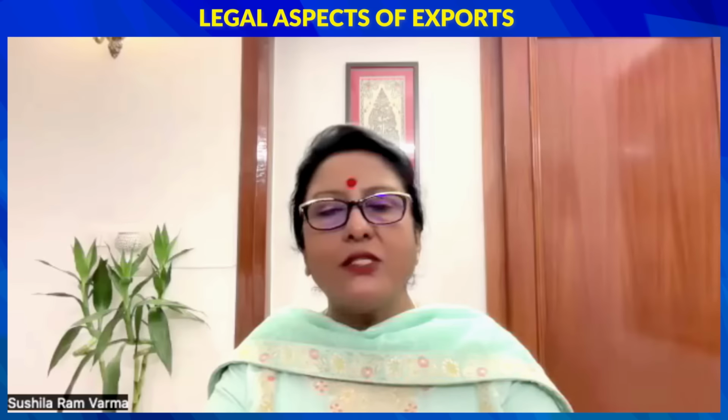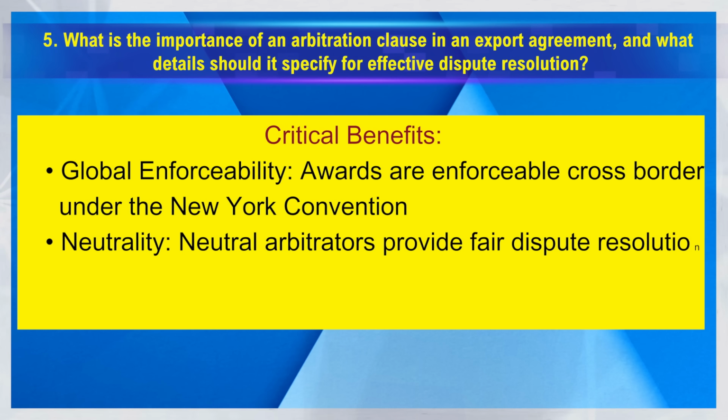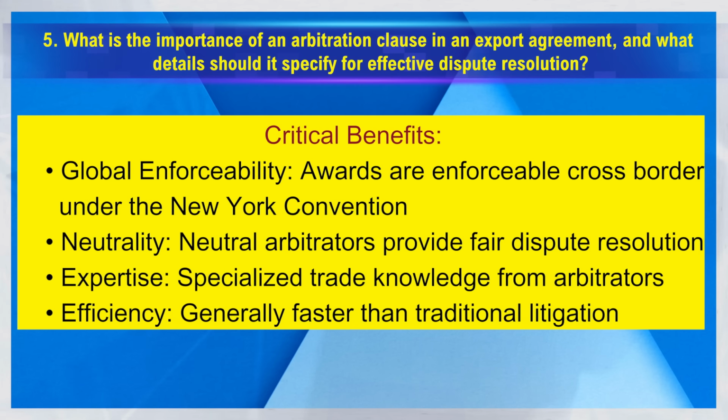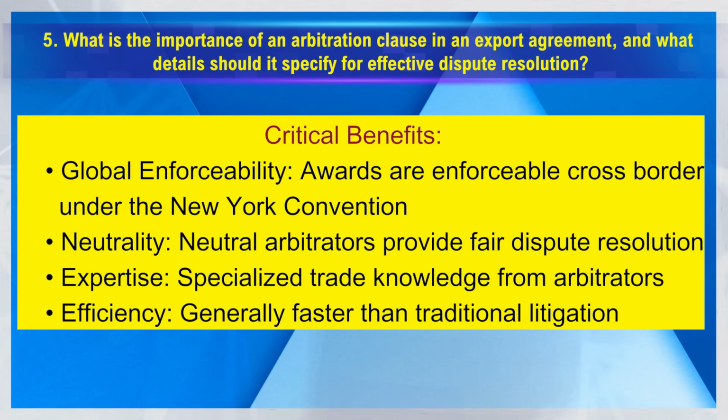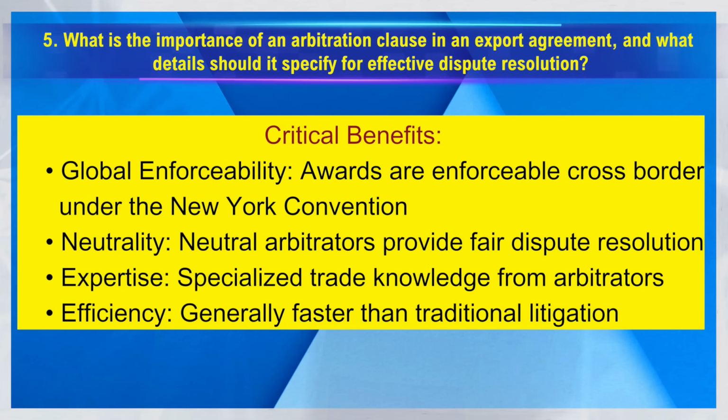Well, the first I would say is global enforceability. Whichever award is passed or whatever judgment is passed must be globally enforced. Otherwise, you're left with a paper decree and you have to restart the entire process. The second I would say is neutrality. You should choose arbitrators who will be neutral and not favor any particular person.